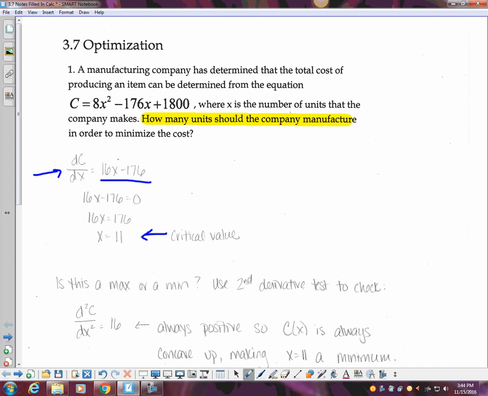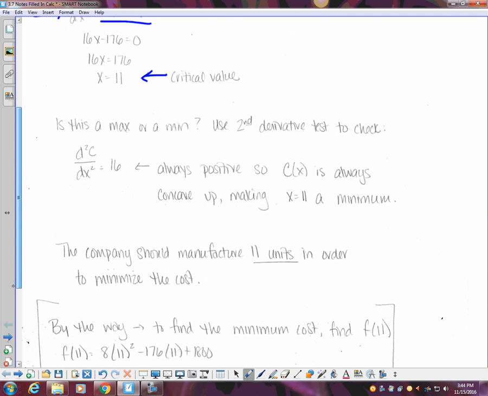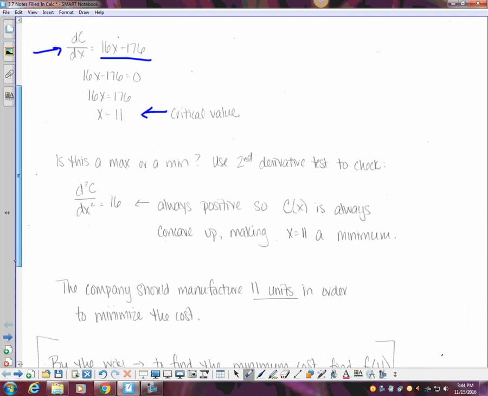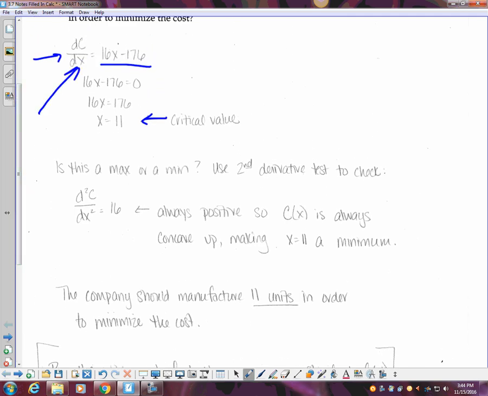To figure out if it's a max or a min, guys, we know that this is a parabola. We know it opens up, so we know that this is going to be a min. But if this is a free response question, you have to show mathematically that you know that it's a min. So you're going to use the second derivative test to check. So I take the second derivative of this, which is the derivative of my derivative.